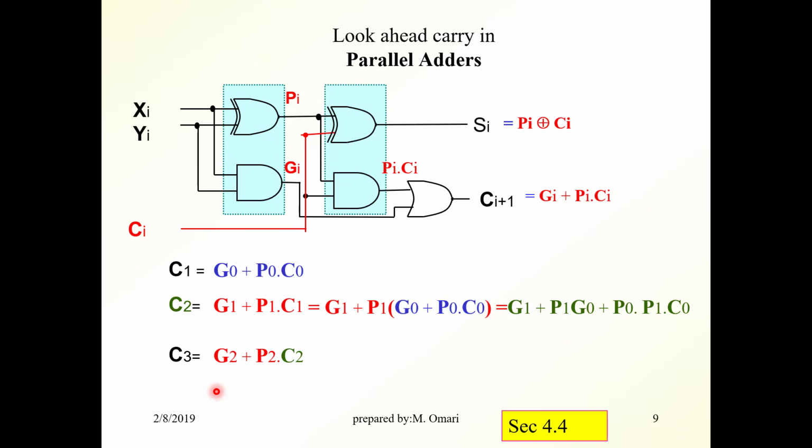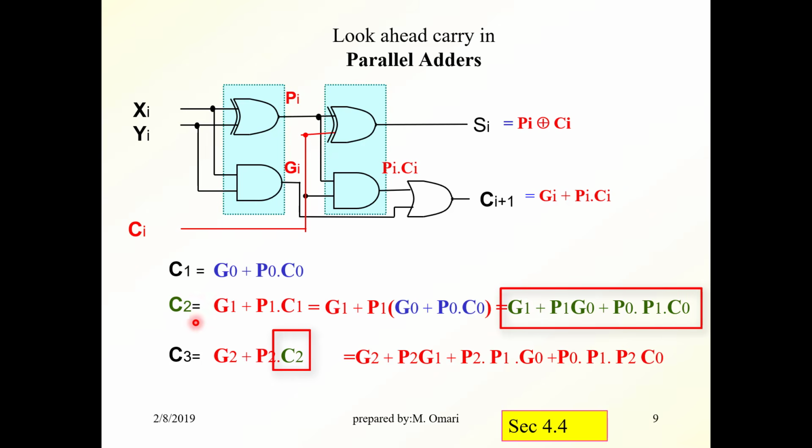Now we can anticipate what C3, the carry of the third stage, is equal to. Replace i here with 2. So we get G2 ORed with P2, C2. And this is equal to this. Replace C2 from this equation here.